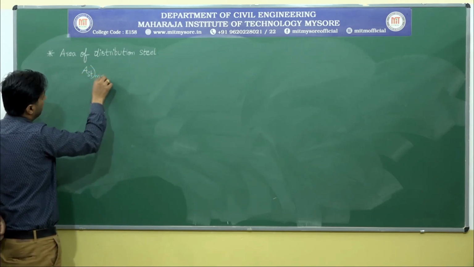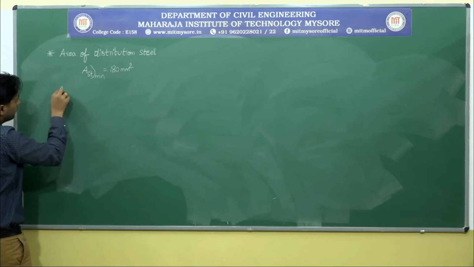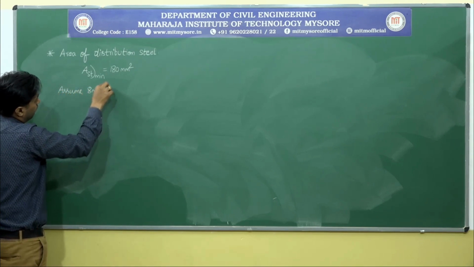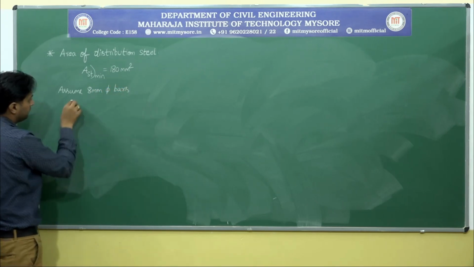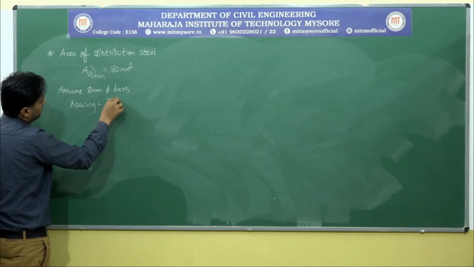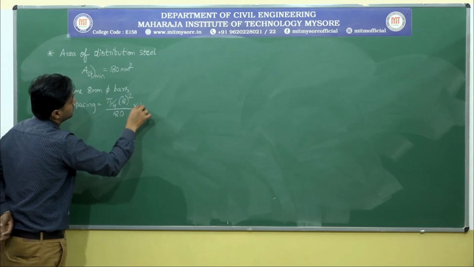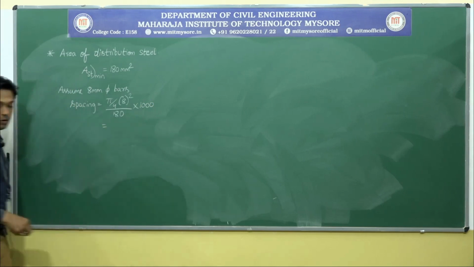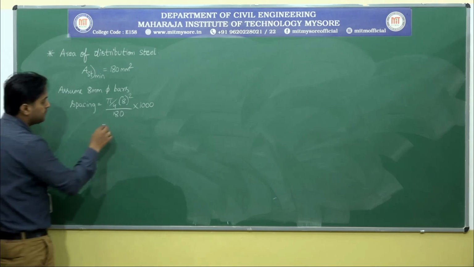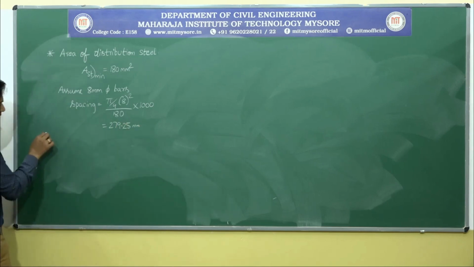It is nothing but Ast minimum. So it's 180 mm square. As I have already told you people, assume for distribution 8 mm dia bars. So spacing is equal to pi by 4 into 8 square divided by the area into 1000. The value of spacing that we are getting here is 279.25 mm.